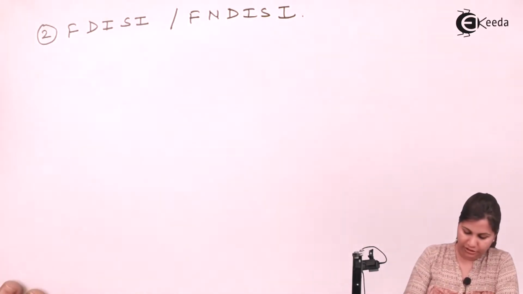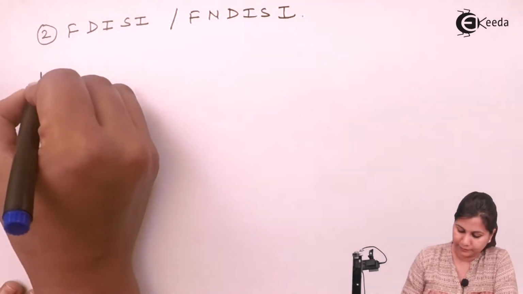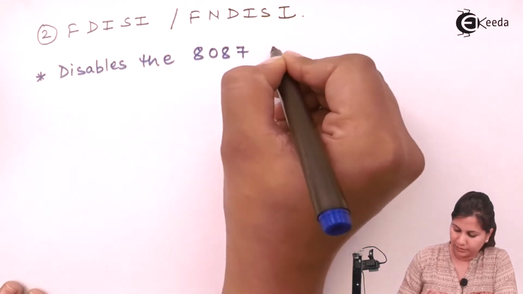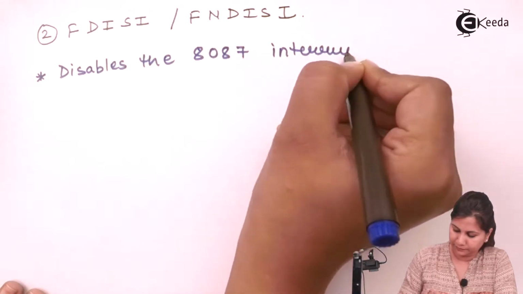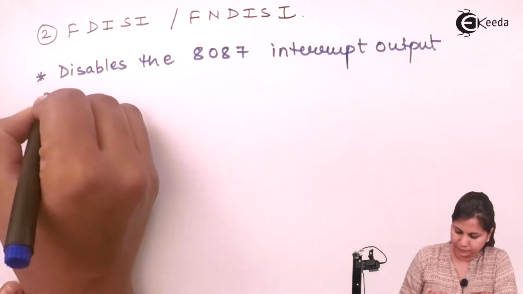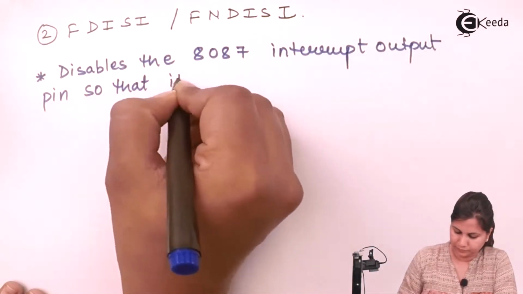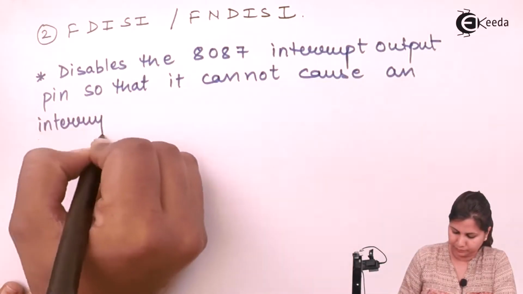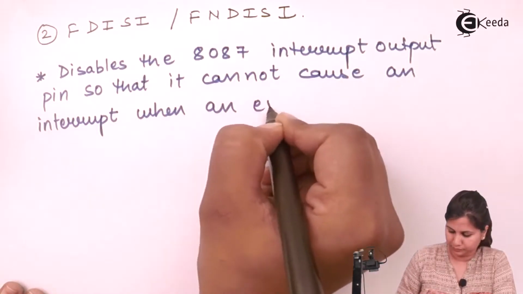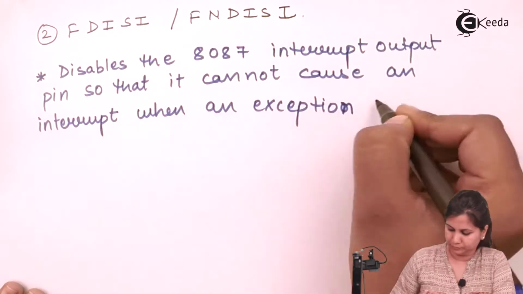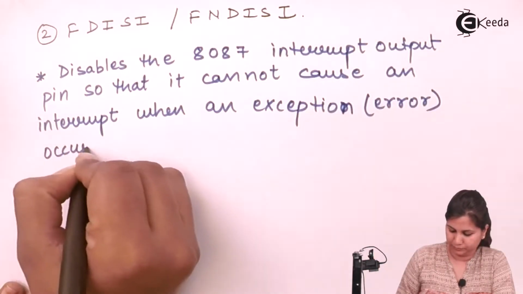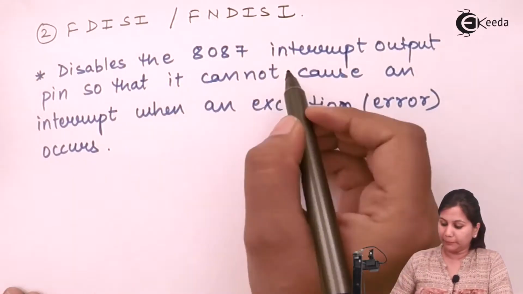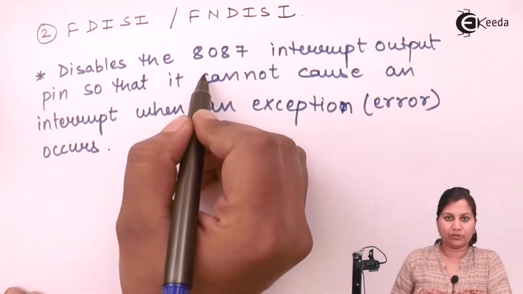So what this instruction does is disable the interrupt outputs. This instruction is going to disable the interrupt output pin of 8087.